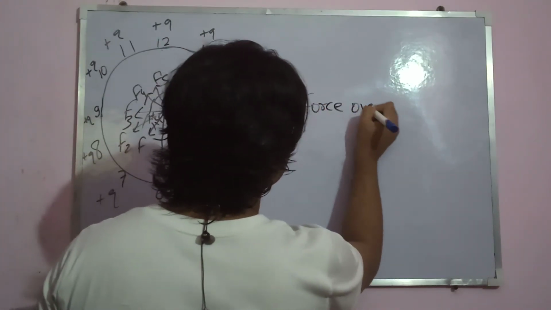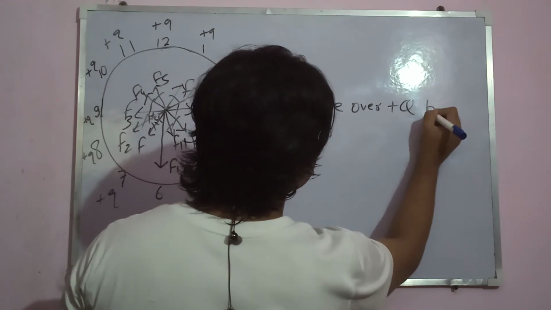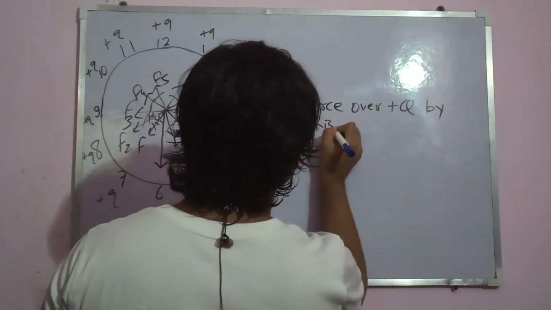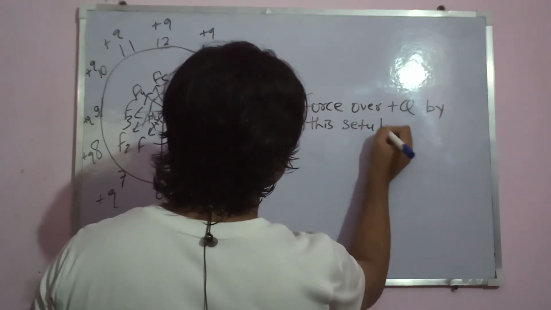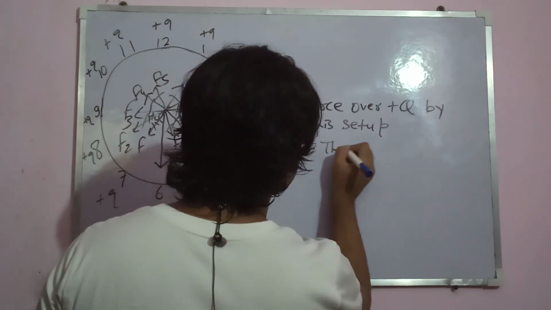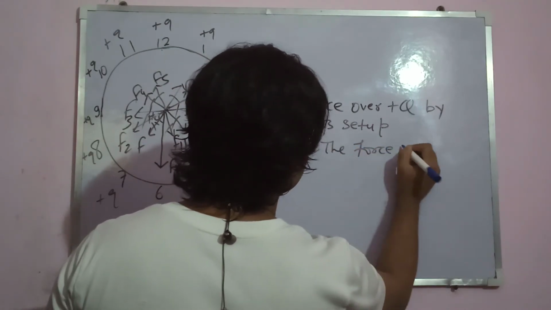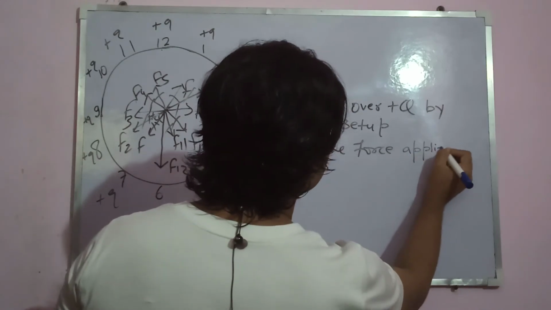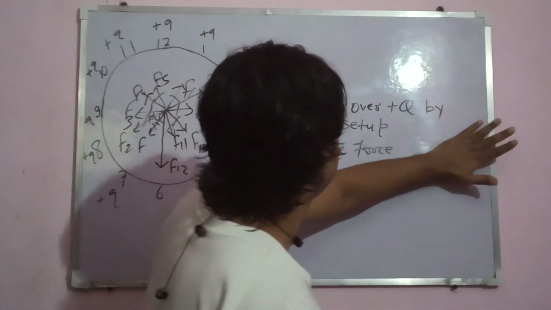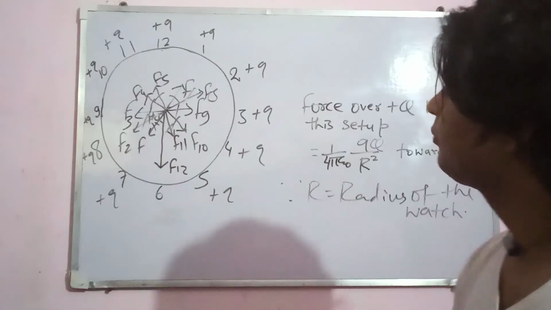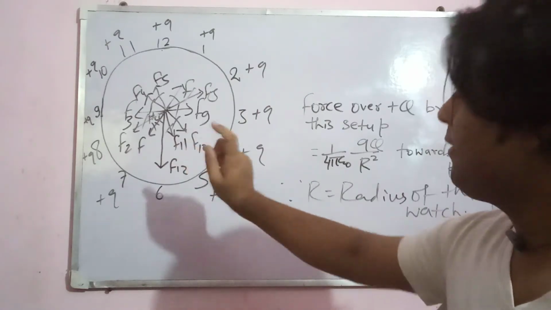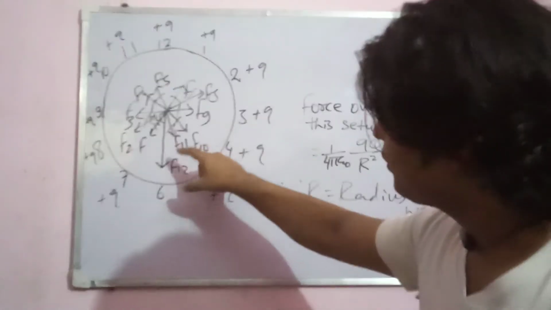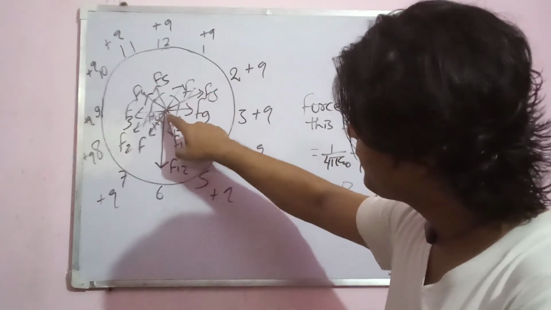Force over plus Q by this setup. See, F12 survives here. So this is the resultant force over this plus Q by this whole setup.